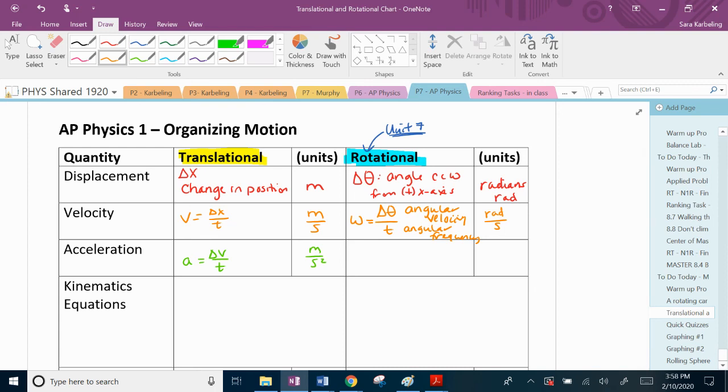And then we can take it one step further, right? Just like acceleration is change in translational velocity divided by time, we've got a similar thing here that's the change in omega divided by time. This is our angular acceleration.